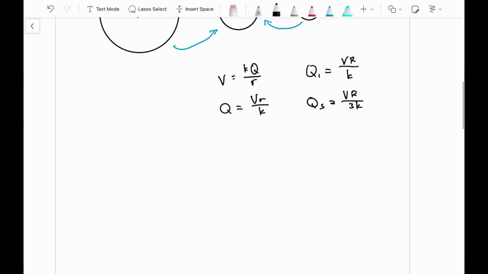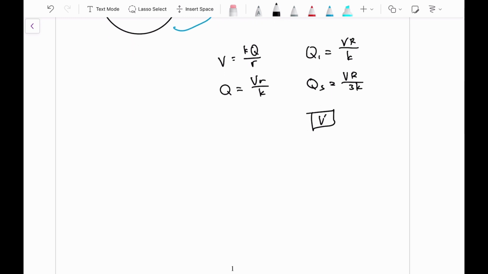Now, how do we actually establish an equilibrium? So for the final state of the system, each sphere will have a potential of V dash. Okay, so how do you establish an equation? Let's say the initial total charge is just VR over k plus VR over 3k from over here.